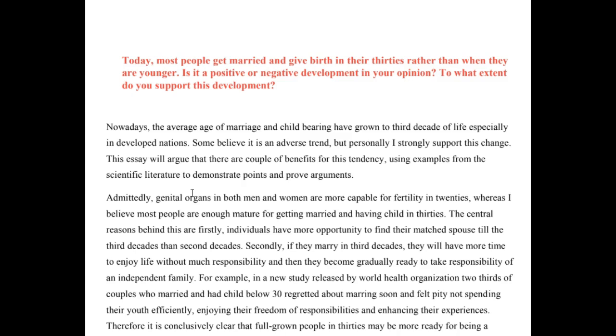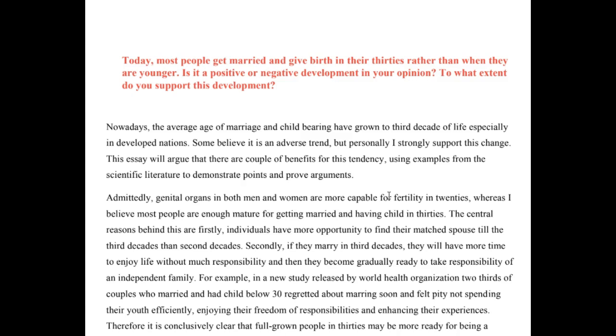So, let's try that again. So, the reproductive system, both men and women, are more capable, not even capable for fertility. They're more prepared for fertility. They're more capable of fertility, maybe, but that's really a stretch. It's certainly not the most natural expression, okay?